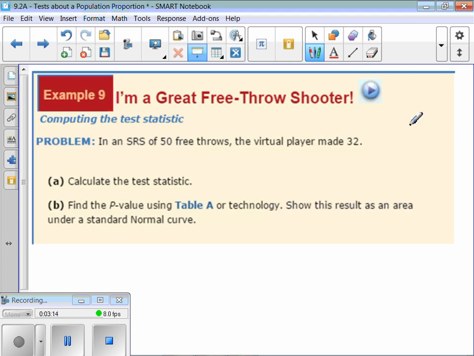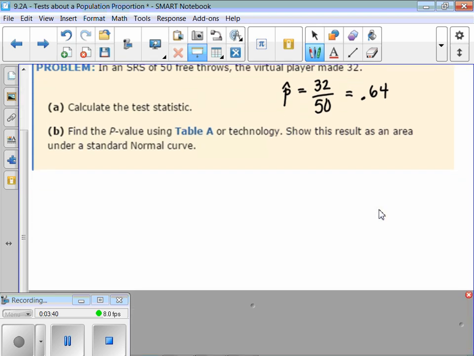So computing the test statistic: in a simple random sample of 50 free throws, the virtual player made 32. So what we have is a proportion, and our p-hat is 32 out of 50. So when we watched, we got a statistic of 64%. But let's calculate the test statistic, which means the z-score. All right. So we're using our formula, the statistic minus the parameter divided by the standard deviation.